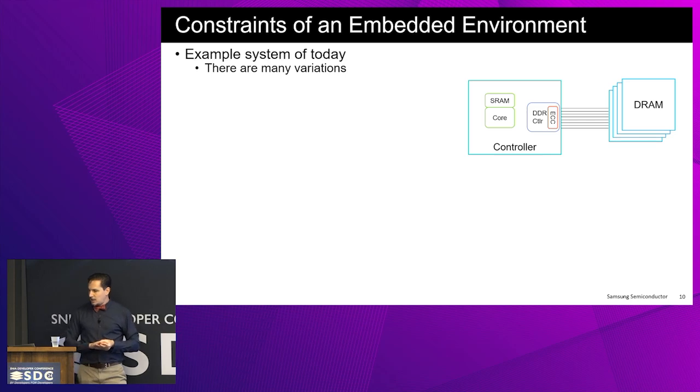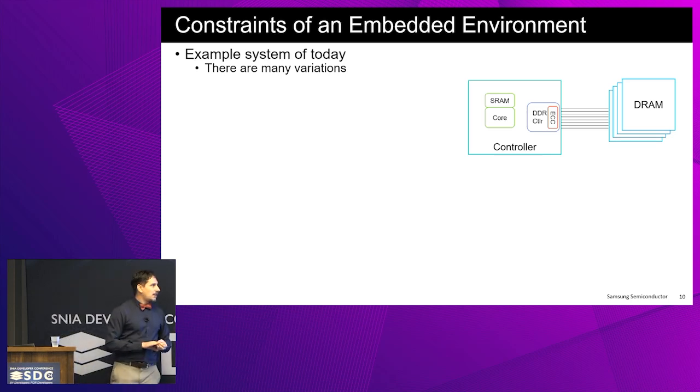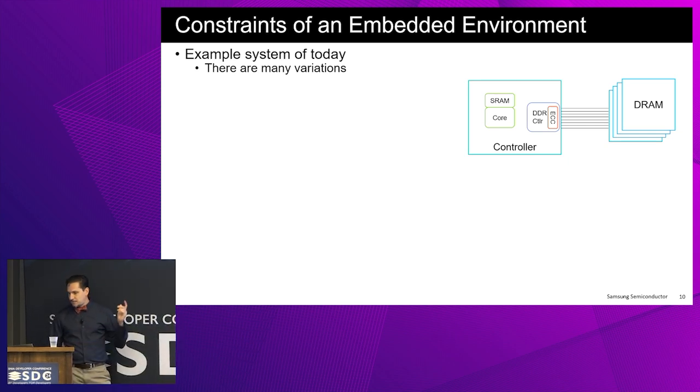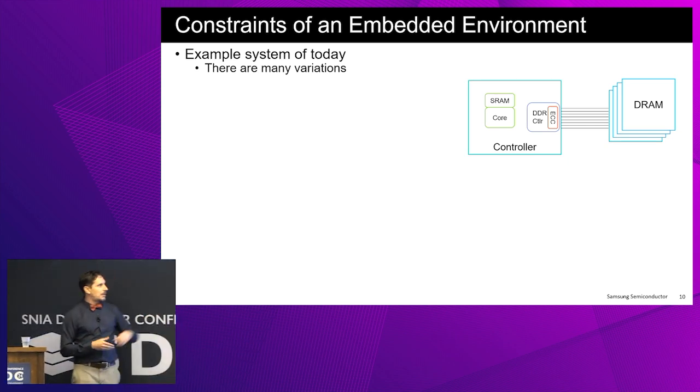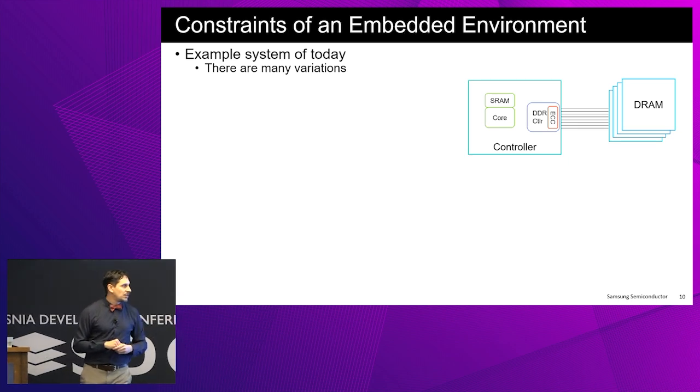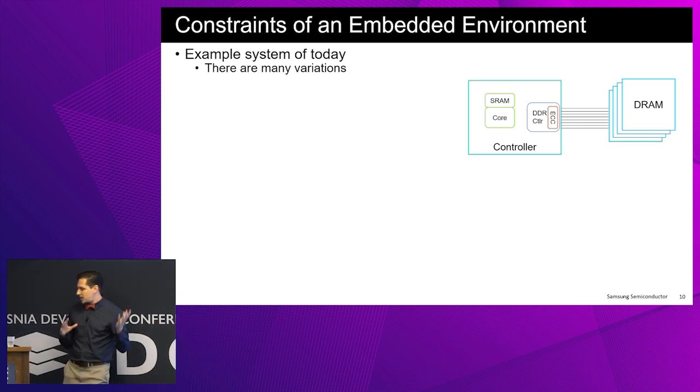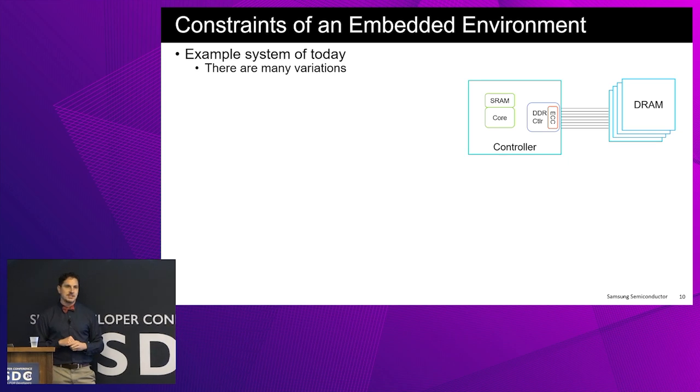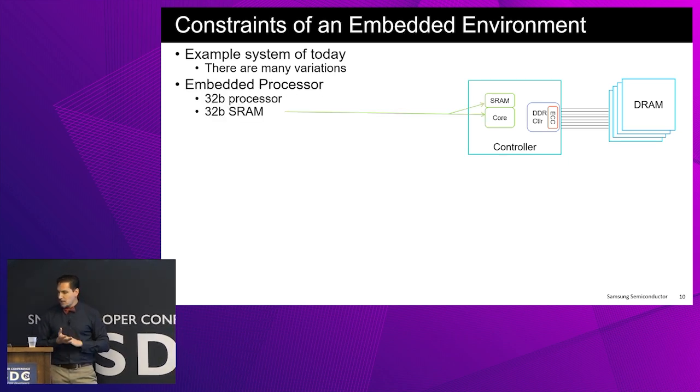When we look at an embedded environment, I have just an example system here today. There are a lot of other variations. We have an embedded core SRAM, and we have our DDR controller that, in this example, is going to put on the ECC inside of our ASIC before it is stored in the DRAM.